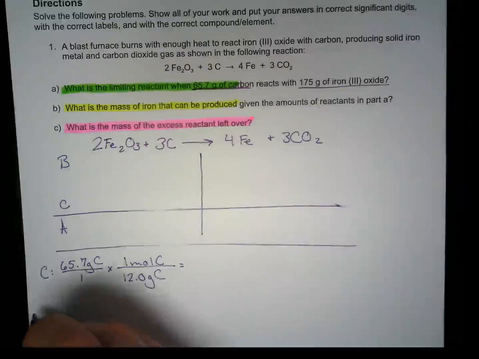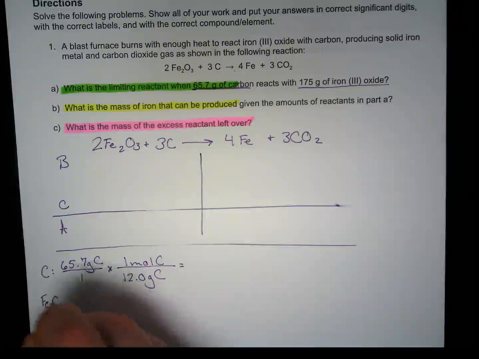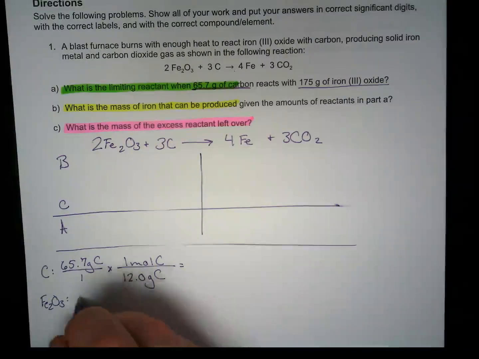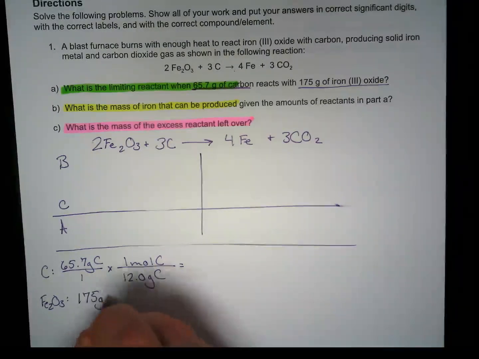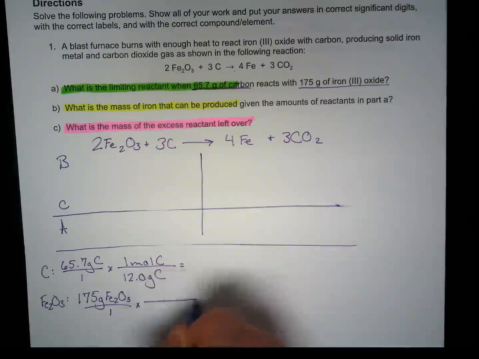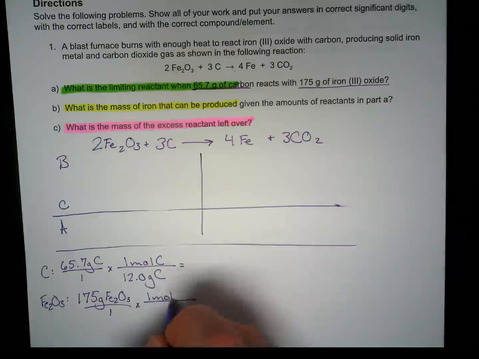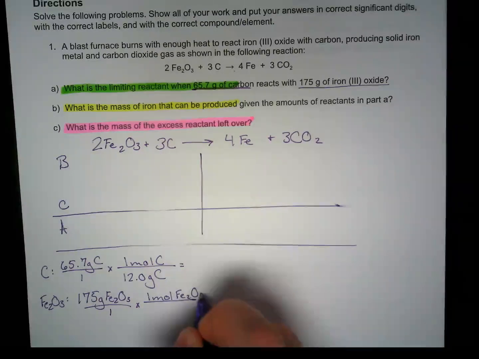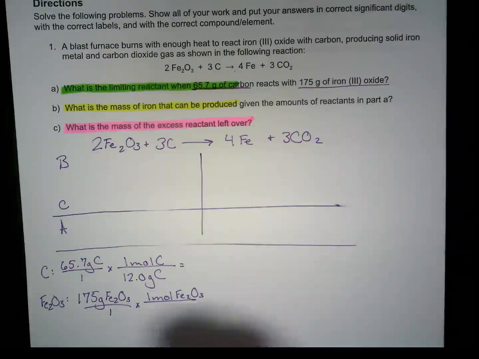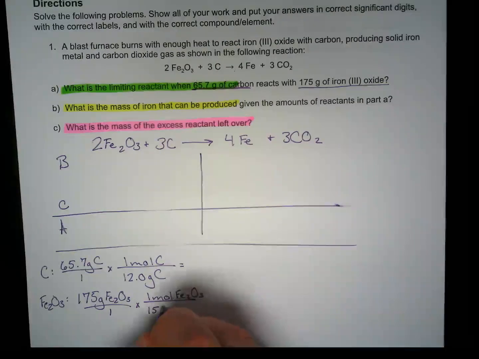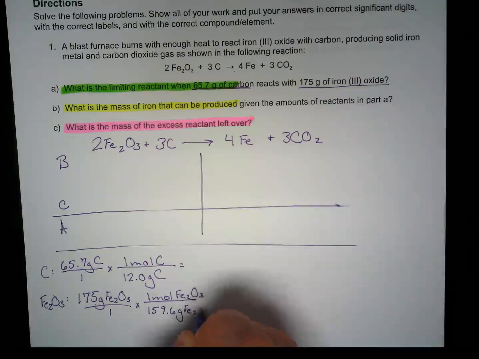Then let's set up for iron 3 oxide, the Fe2O3, starting with 175 grams of this stuff. We have to convert that into moles as well, and it has 159.6 grams for every 1 mole.